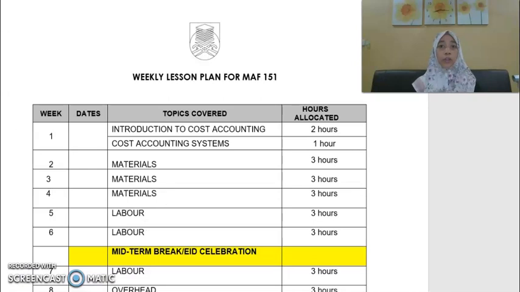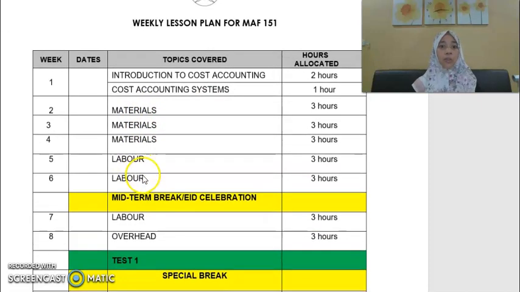So if you look here for your MAF 151, you start off with your introduction to cost accounting. You look into the cost accounting system. So what basically is cost accounting? You have looked into that, and then you go into materials, into labor, and then into overhead.